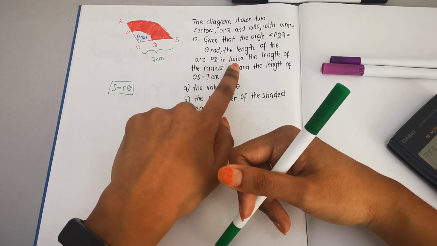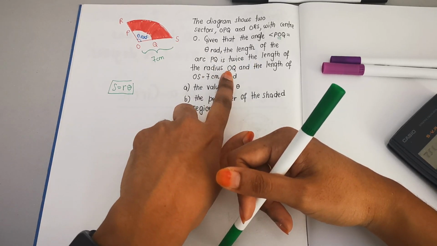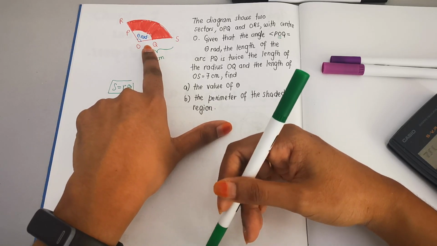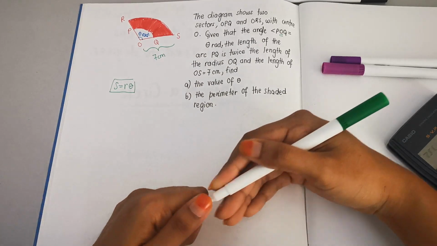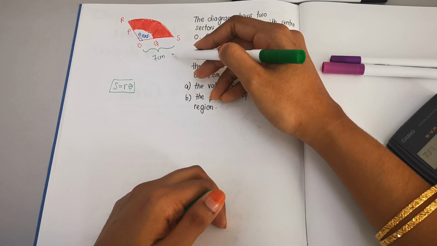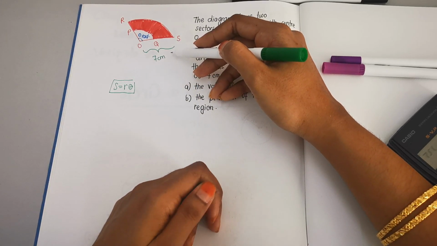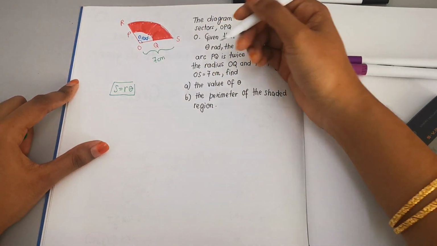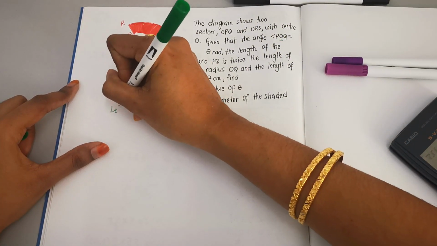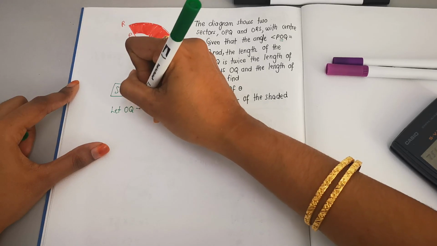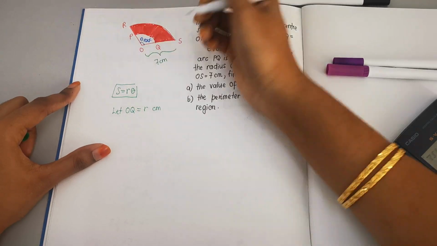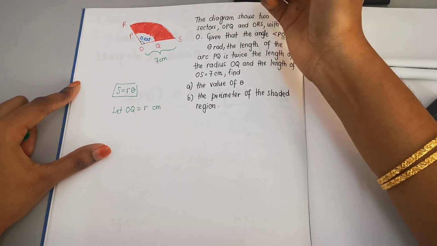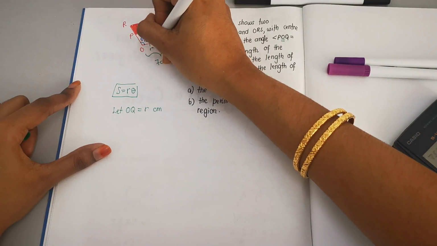Now, PQ is twice the length of radius OQ. Can we find what OQ is? Is it possible? Look, the whole thing here is 7 cm. So if I want to know OQ, I'm going to let OQ equal r. Maybe a letter, or you can put it as P or Q, but I'm going to write this as r.